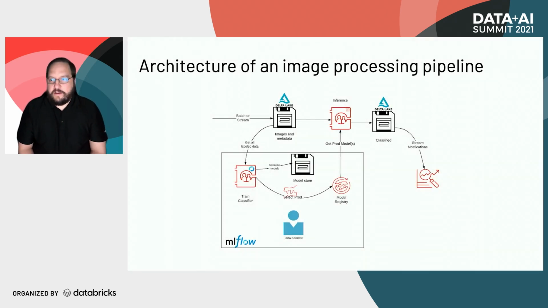The pipeline that we're going to walk through today looks like this. We are going to pretend that we have a batch or stream source. We're just going to use a pool of images, and I'll show you that during the demo. But typically your images come in, in a batch or streaming use case. You'll likely store them, and then maybe have a queuing process to run inference based on your existing models.